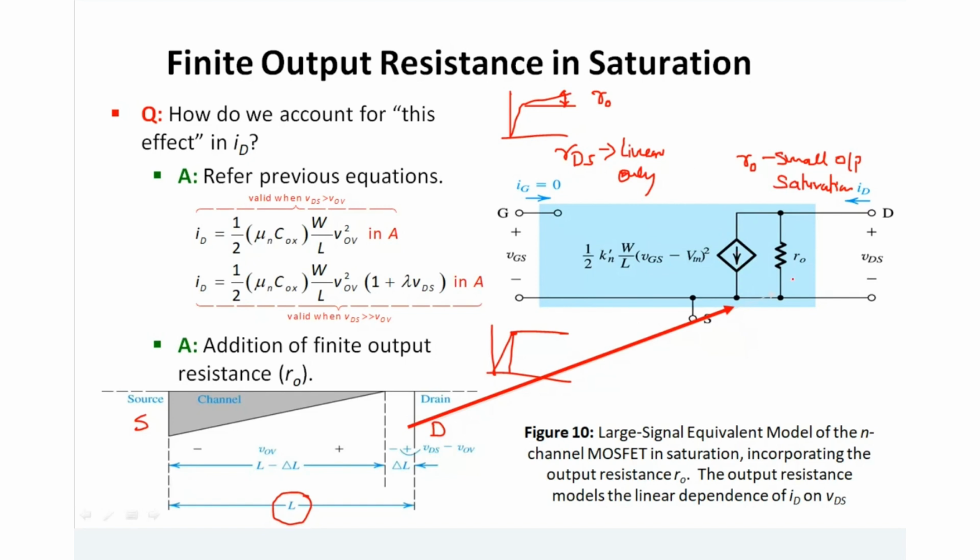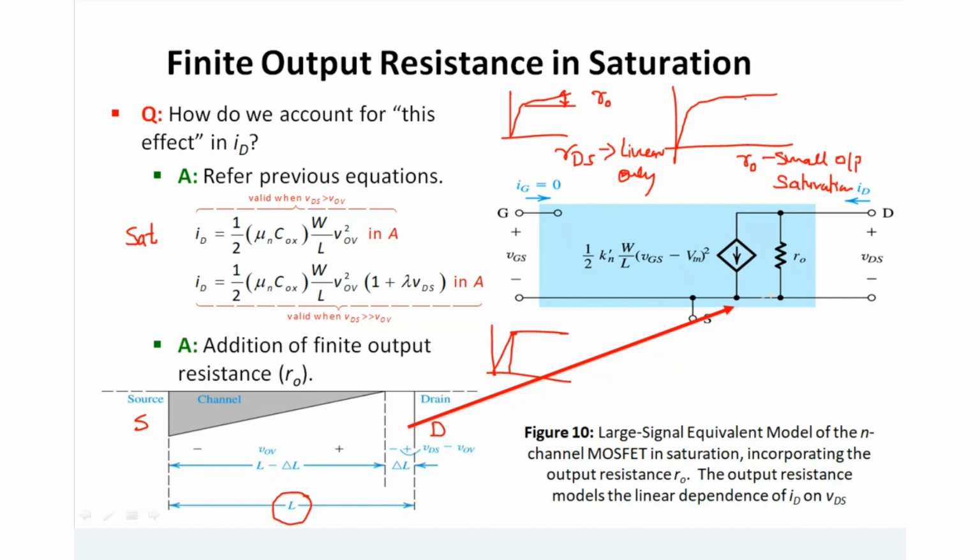And to represent this small incremental change, or to say that there is a small dependence of ID on VDS. Earlier, I said that as per my equation, when VDS is more than VOV, nowhere in my saturation equation would you observe VDS.